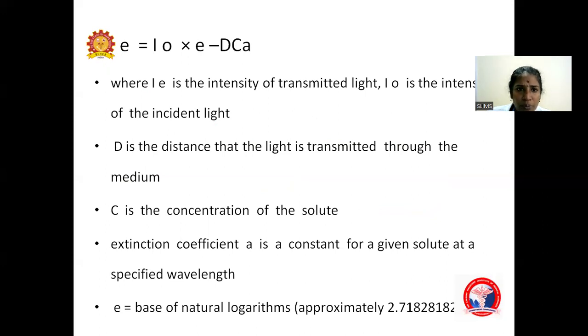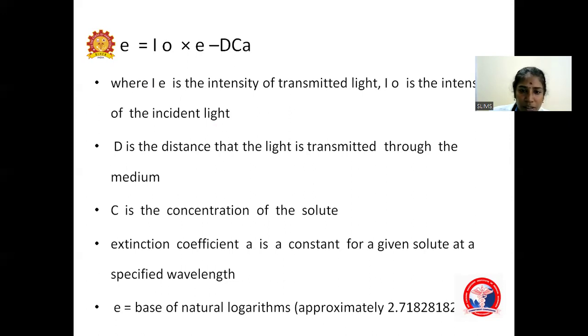So moving on to the formula. E is nothing but the base of the natural logarithm. I equals I0 times e to the power minus d c epsilon, where I is the intensity of the transmitted light, I0 is the intensity of the incident light, d is the distance that the light is transmitted through the medium, and c is the concentration of the solute.